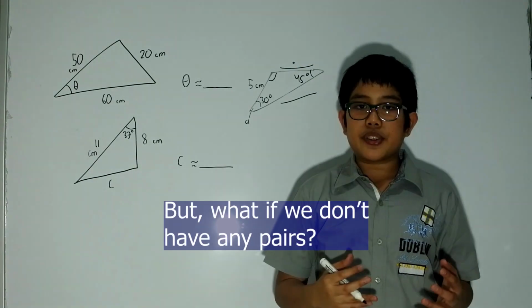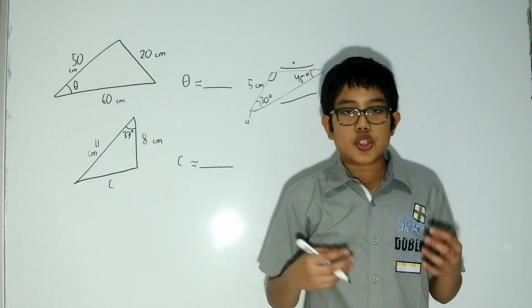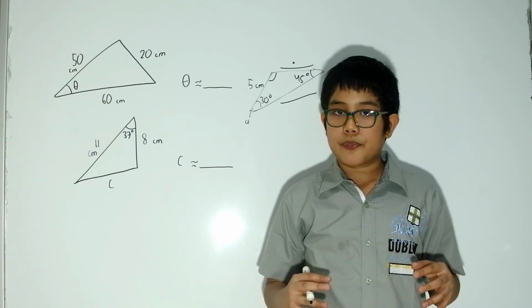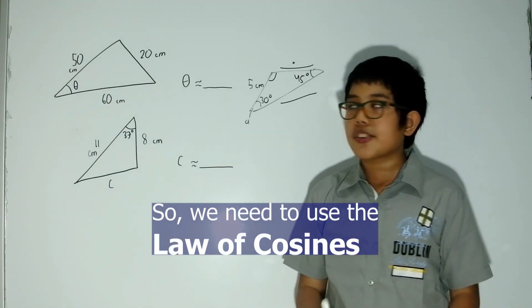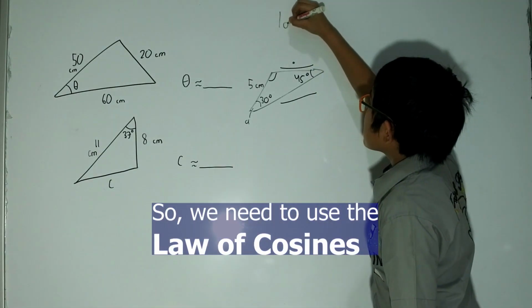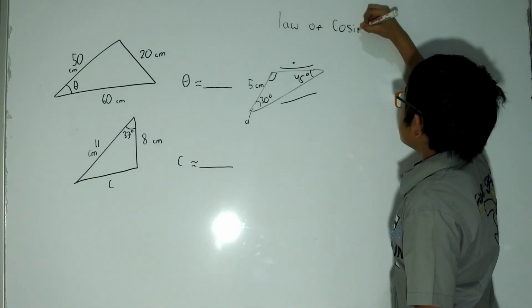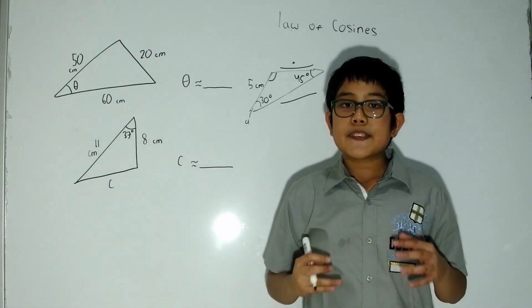However, what if we don't have any pairs? We do have, let's say, one side or two angles or one angle and two sides, but there is no pair at all. Then, you're going to need to use the law of cosines. So, let me just draw out one triangle.